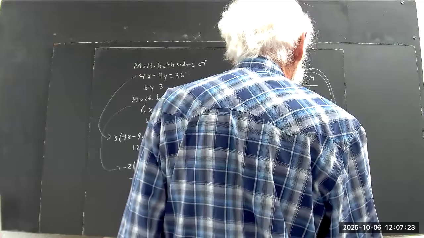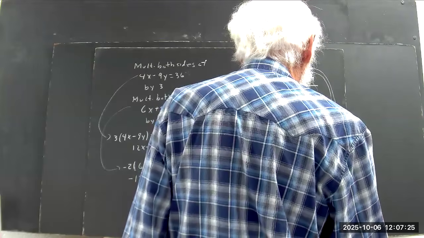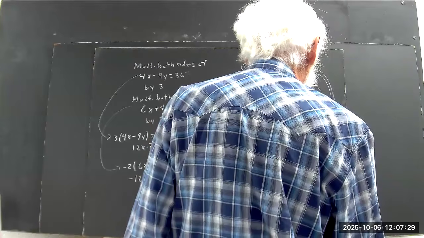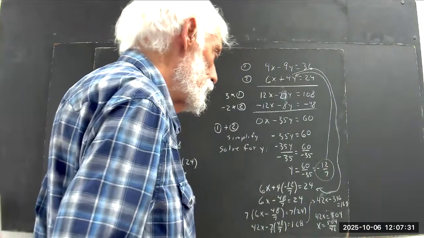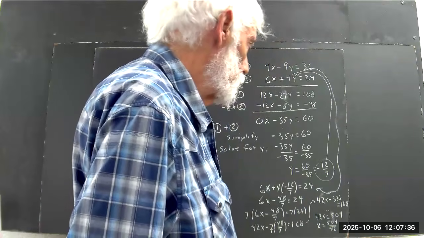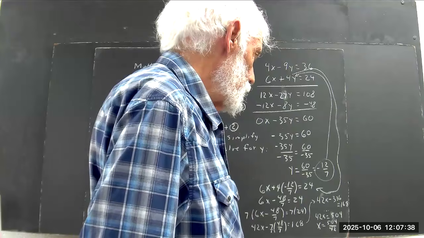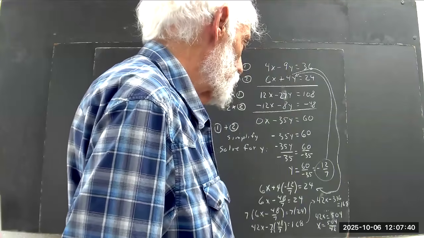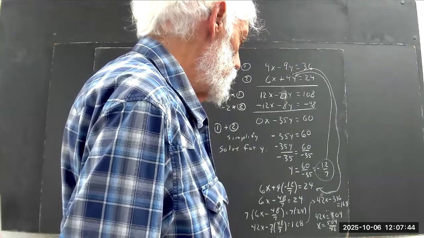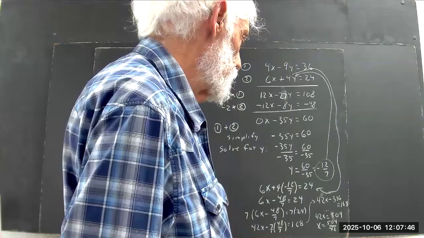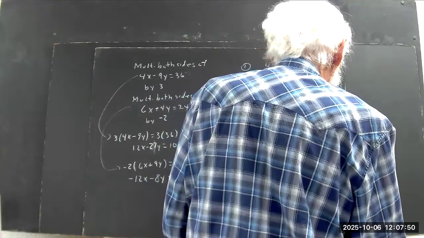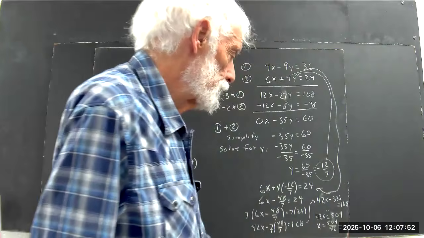So x equals 504 over 42. Now, let's see, 3 goes into 504, and 3 goes into 42, leaves us 14. And, well, I'm not going to go through the rest.